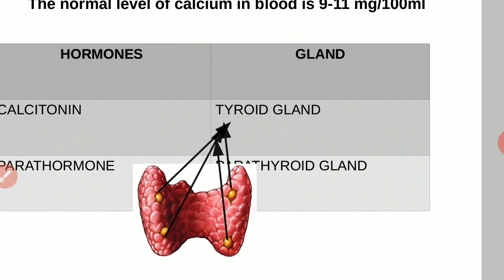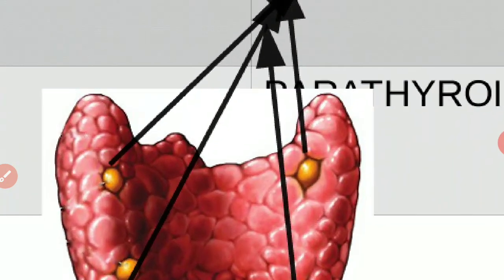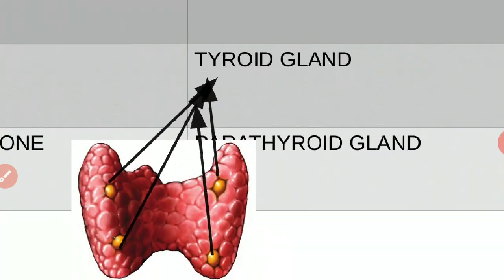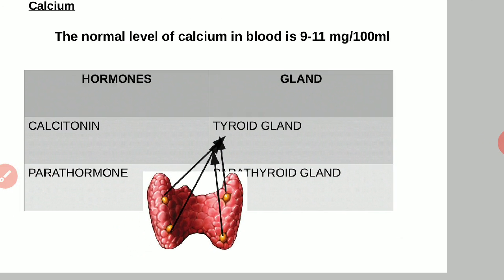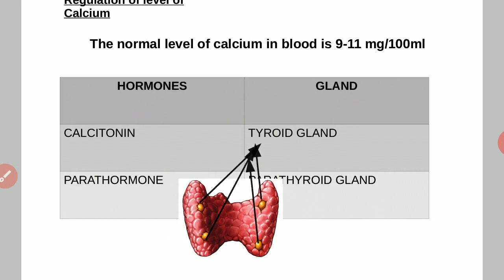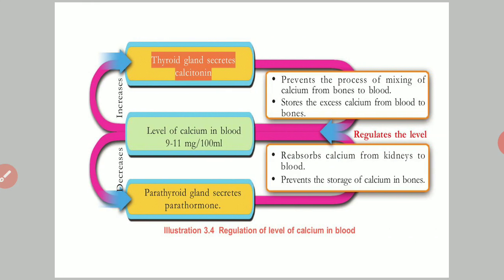Here the yellow colored part is the parathyroid gland. This was the point we last discussed in the class. We will continue that. Here see the illustration.